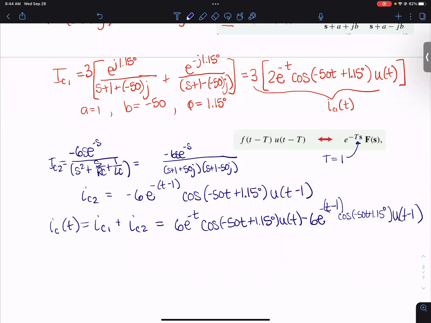All right, there it is. That is our solution.